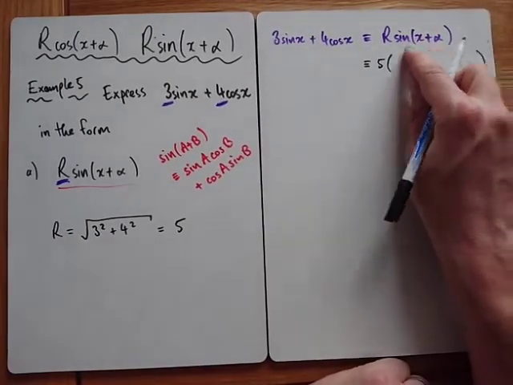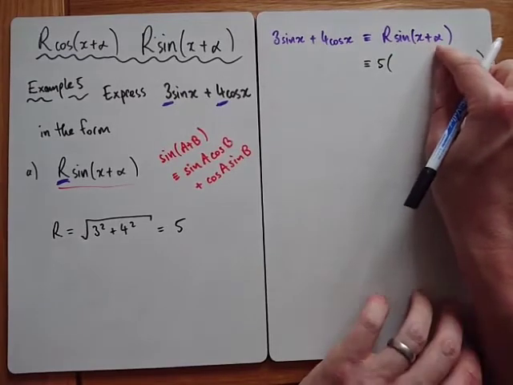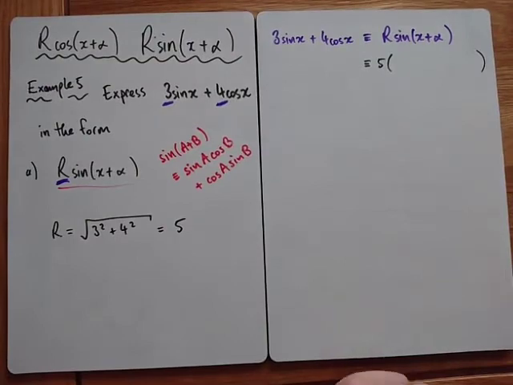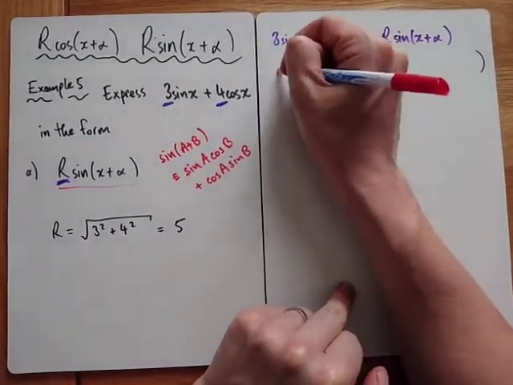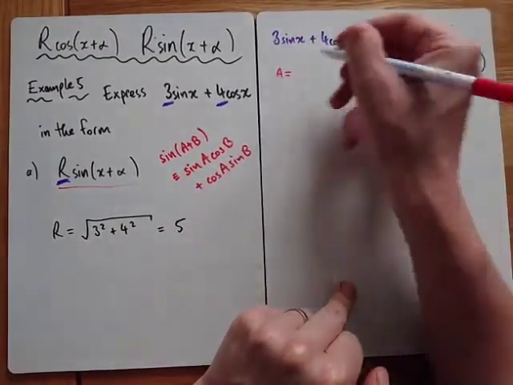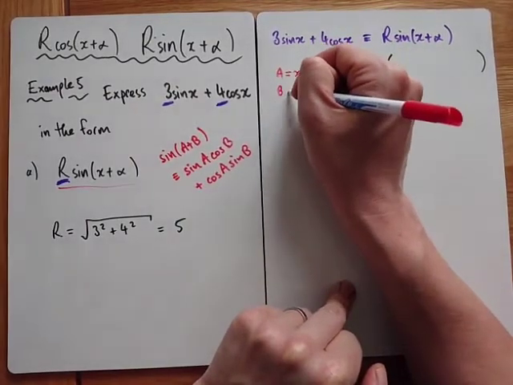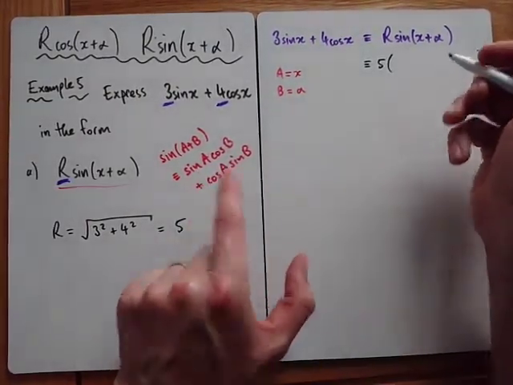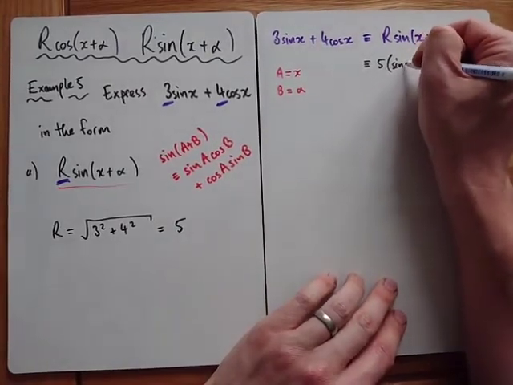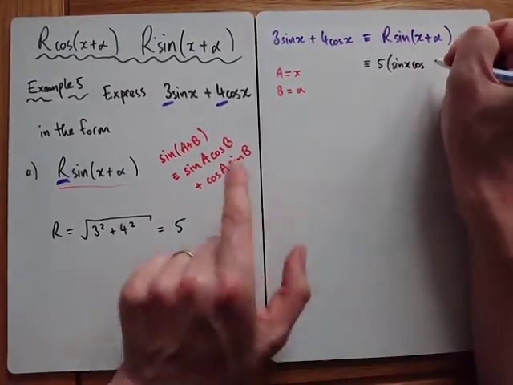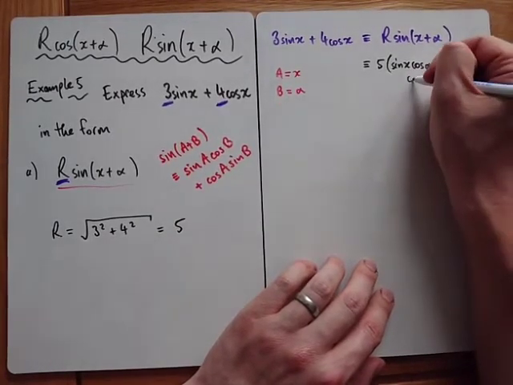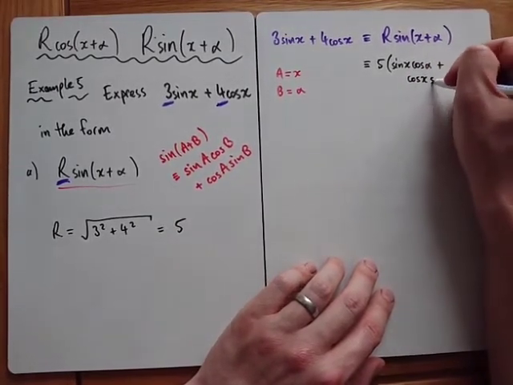And instead of having sine of (x plus alpha), we use the identity for sine of (a plus b), where a would equal x and b would equal alpha. We will end up with sine of a, so sine x, cos of b, so cos alpha, plus cos x, sine alpha.